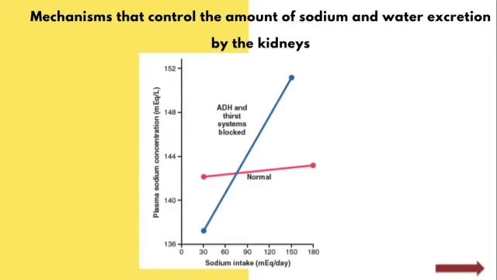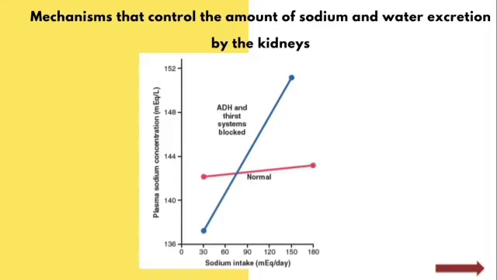Whenever one of the two mechanisms fails to function well, one can still control ECF and sodium concentration as long as there is enough fluid intake to balance the daily fluid losses. But if both fail simultaneously, the sodium and osmolarity are poorly controlled, such as in the blue line on the graph on your screen.